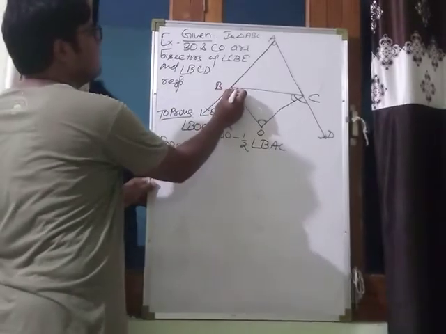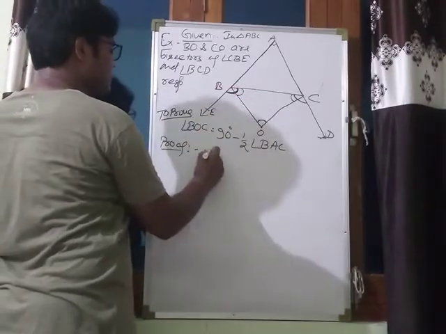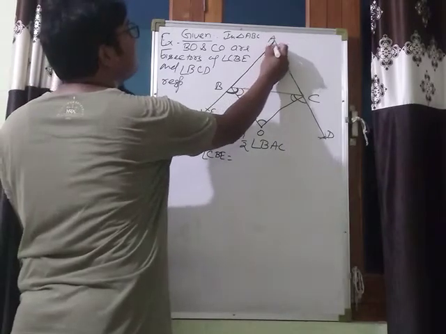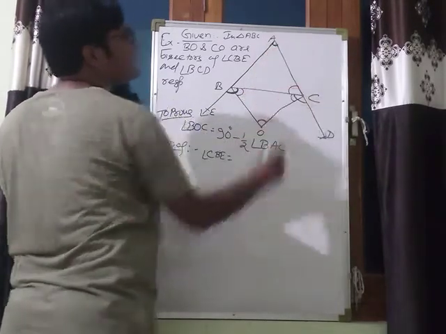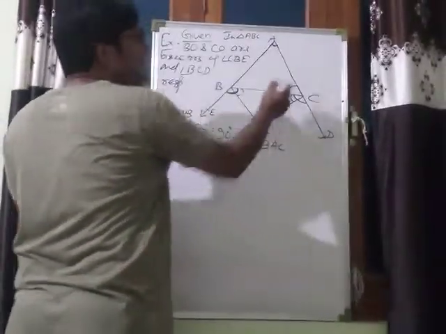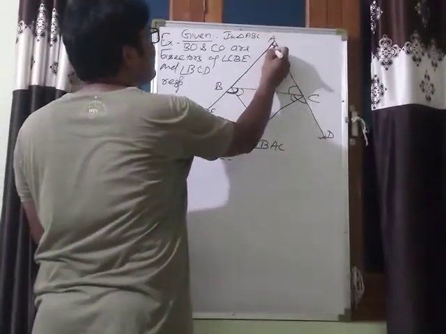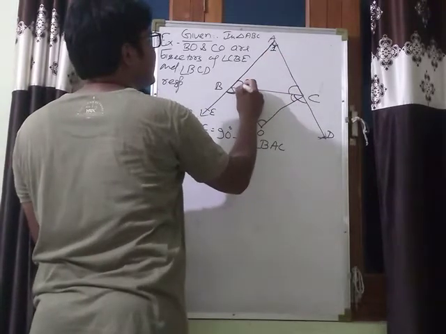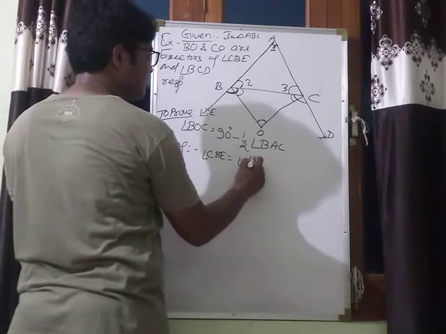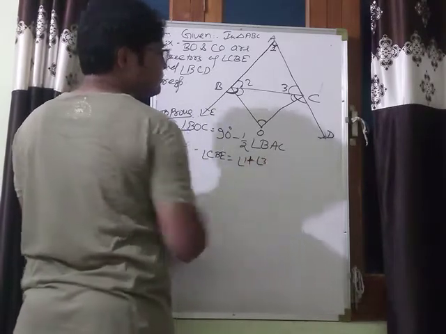See, this angle CBE will be equal to this one plus this one, angle A plus angle C. Write the names: this is angle 1, this is angle 2, these are the exterior angles, and that is angle 3. So angle CBE is angle 1 plus angle 3.